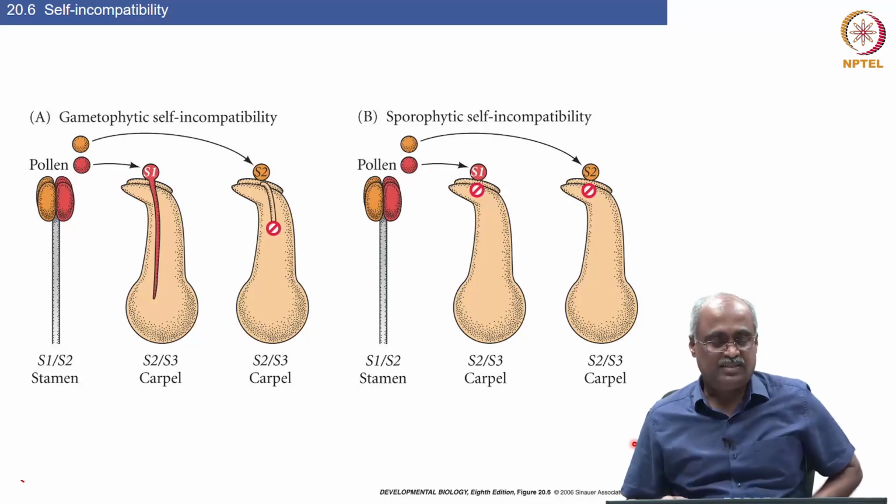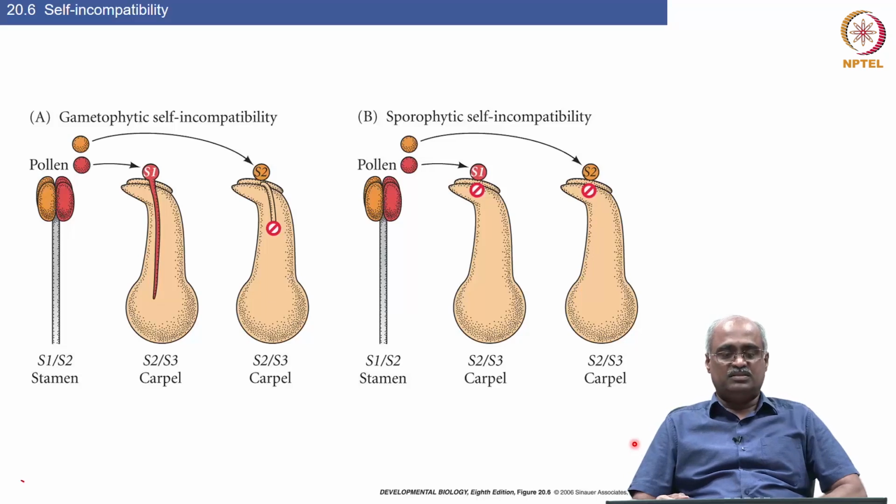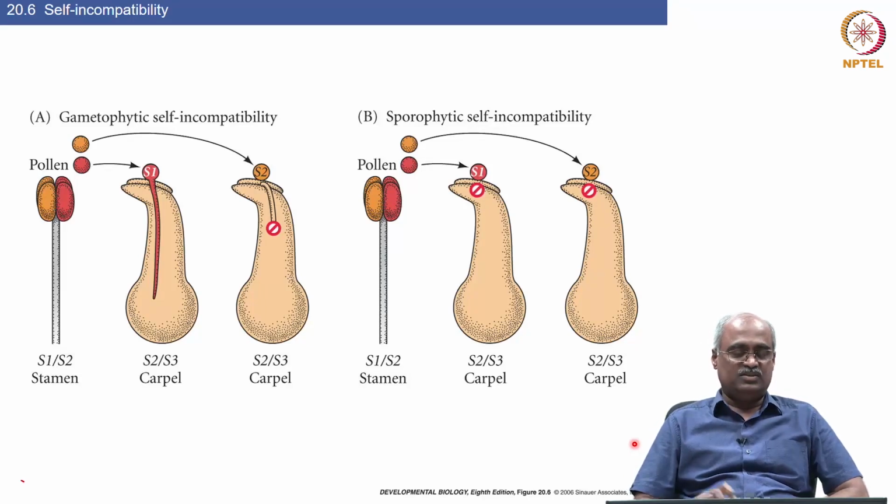So this is achieved in a number of ways, and there are two broad classes. One is called interspecific incompatibility, where pollen grain of one species does not fertilize the female gamete of another, a different species.